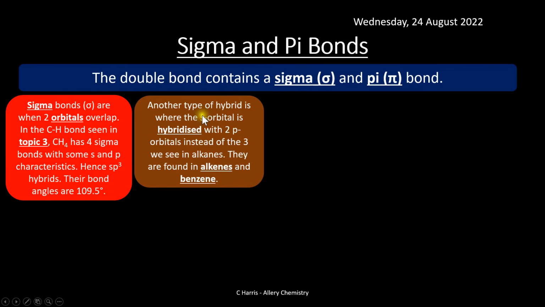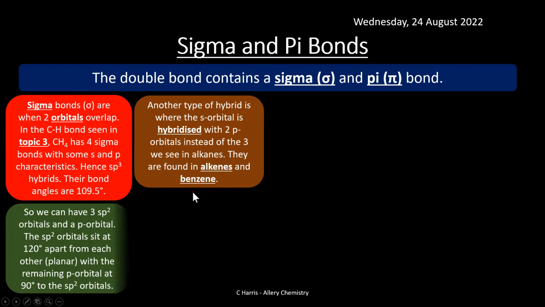Another type of hybrid is where the s orbital in the carbon is hybridized with only 2 p orbitals instead of the 3 like we would see in alkanes. These are normally found in alkenes and in benzene, but you'll see benzene in year 2.